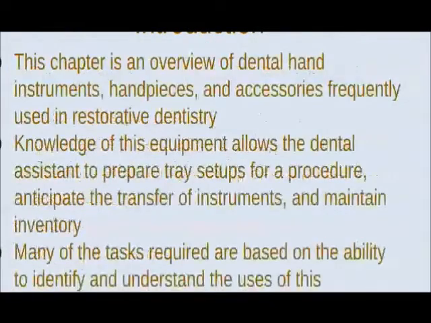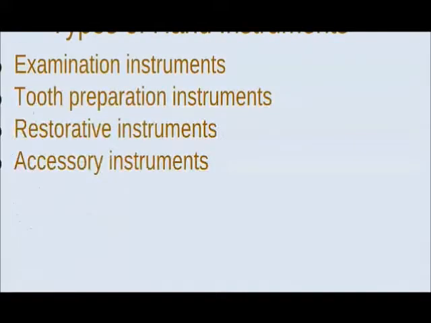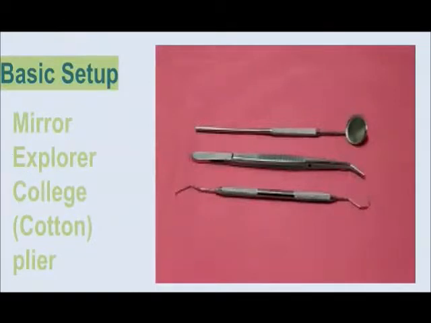So for instruments, being able to identify them, of course, is extremely important. And we've met our Mirror Explorer cotton plier on previous. Just a note there, all procedures begin with this basic setup. All right, so no matter what you're doing, look for the basic, you got to put it out.